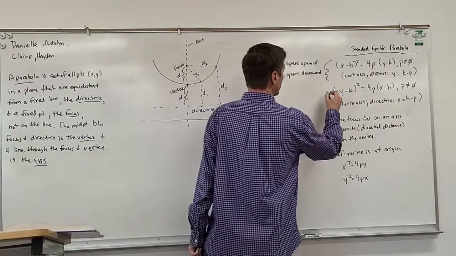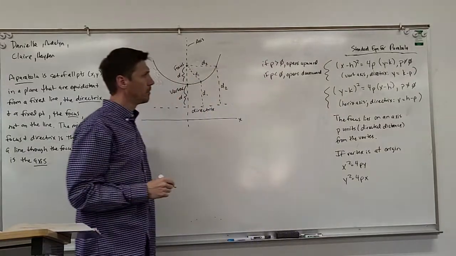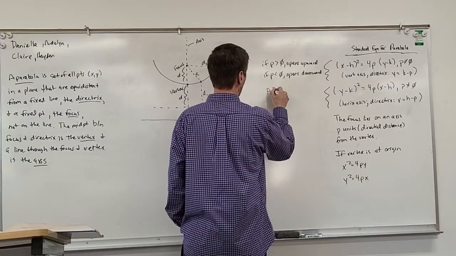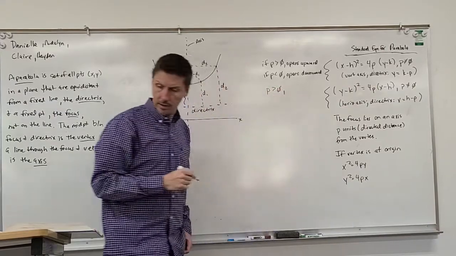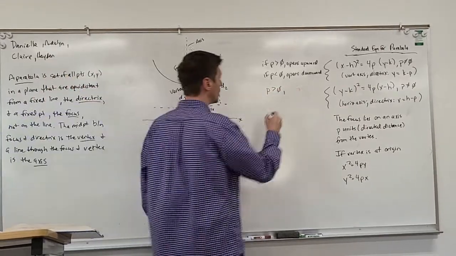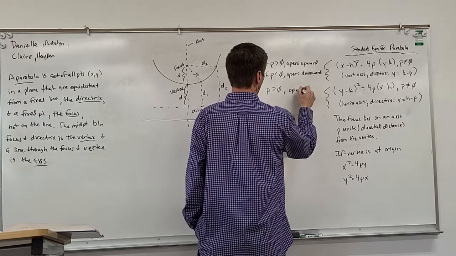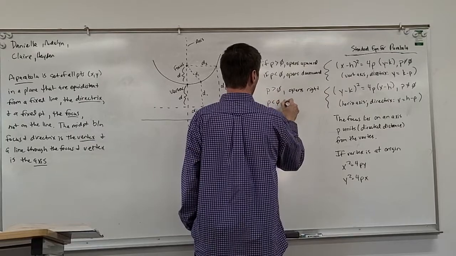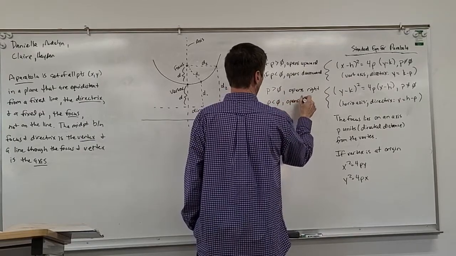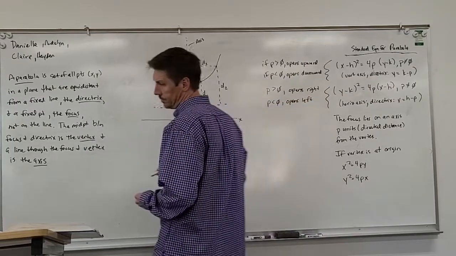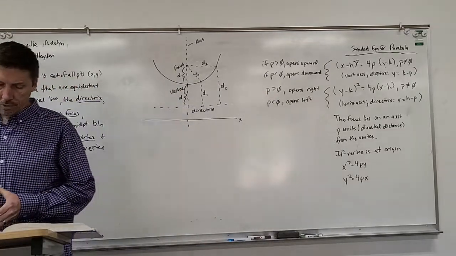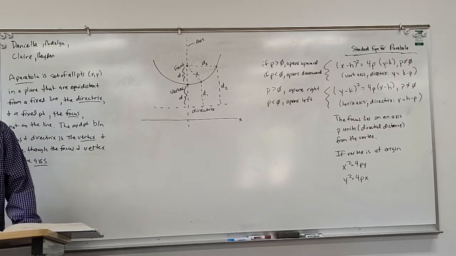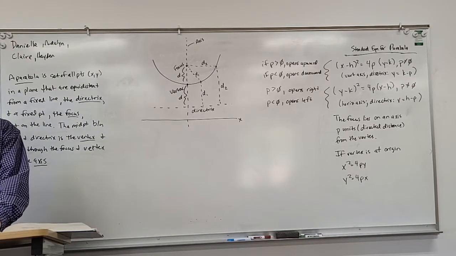Similarly, with this one, if p is greater than 0, then it opens to the right. And when p is less than 0, it opens left, because the focus is a negative distance from the vertex. Does that make sense to everybody?